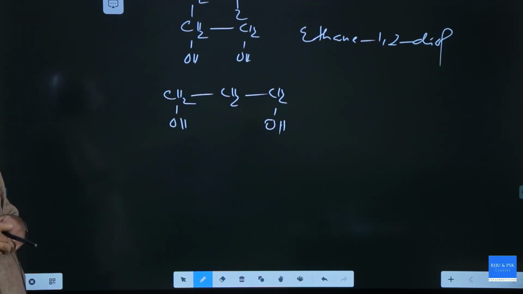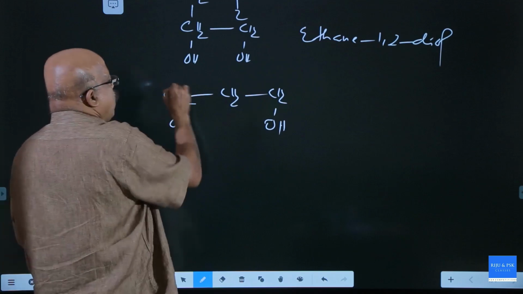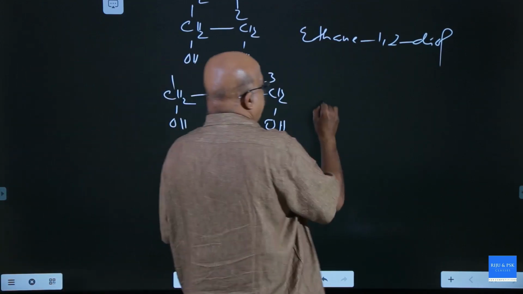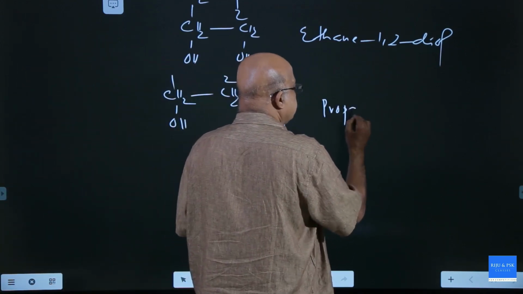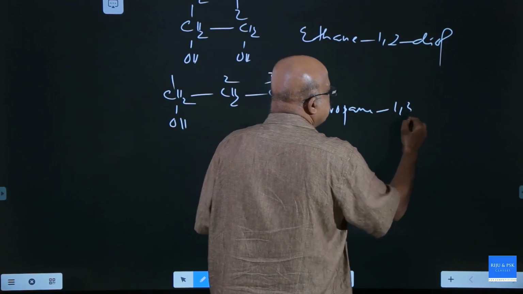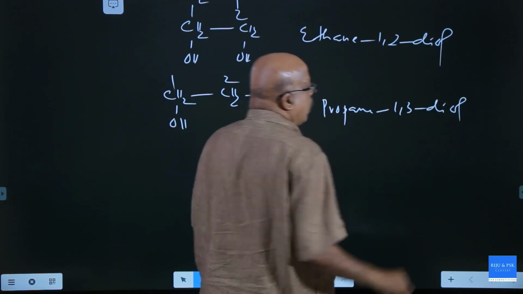The parent chain has three carbons. It is 1, 2, 3. It is propane-1,3-diol.